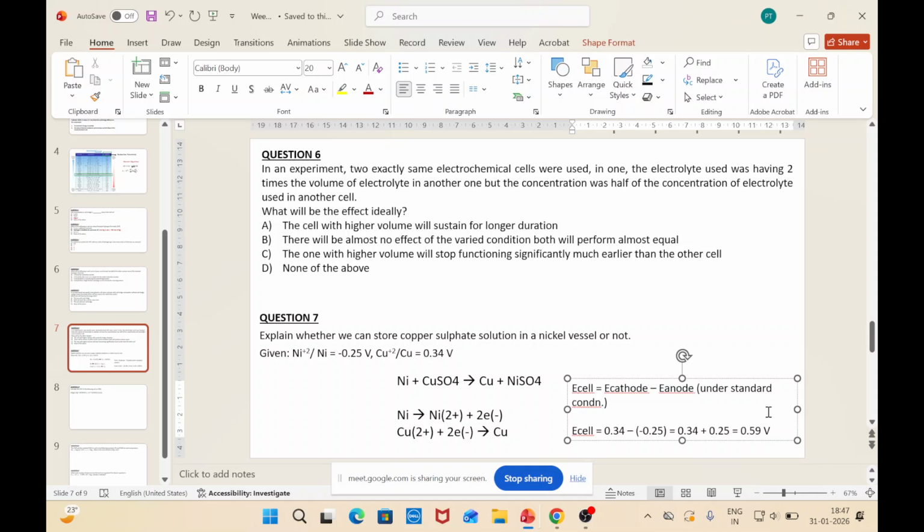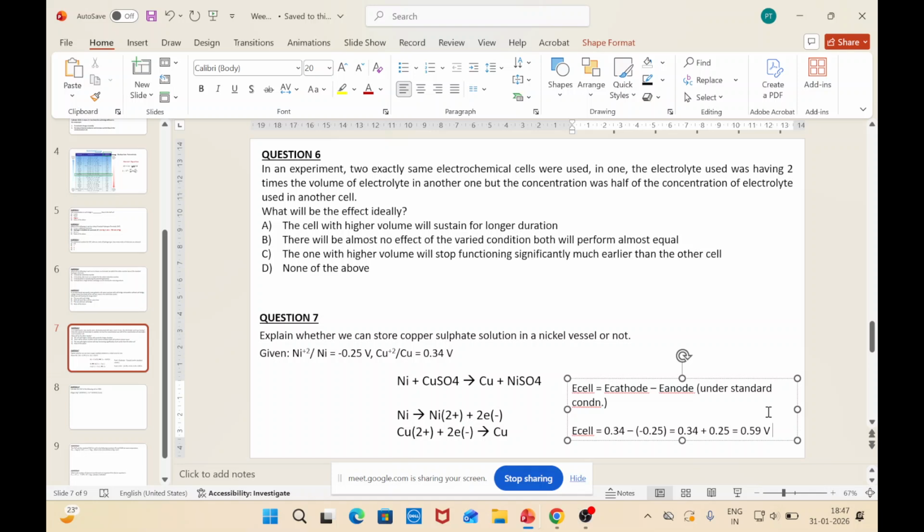What it represents, we saw in the last class. For a redox reaction or a chemical reaction to be spontaneous, the Gibbs free energy of the reaction needs to be negative. If that is true, then what will be the EMF of the cell?